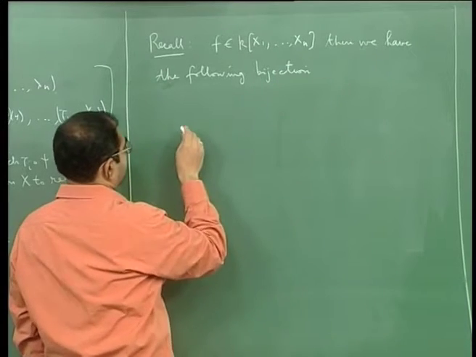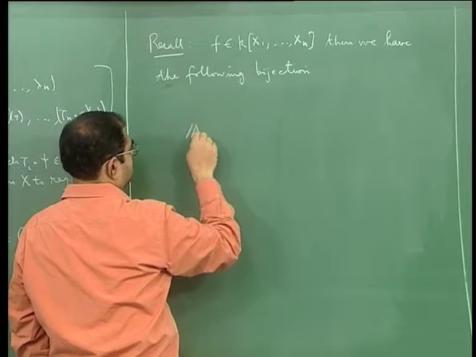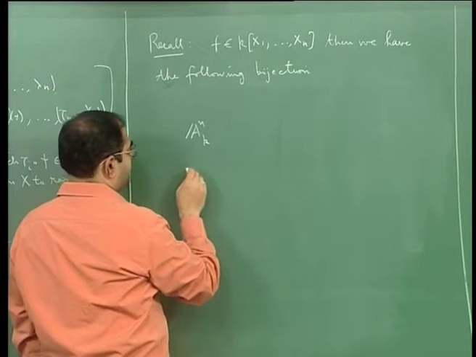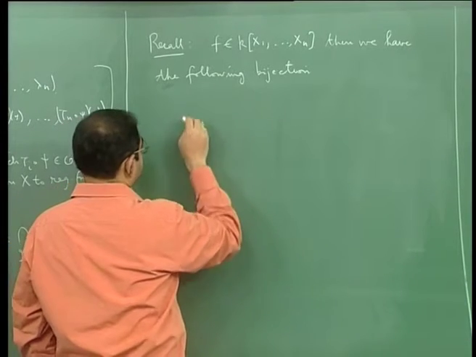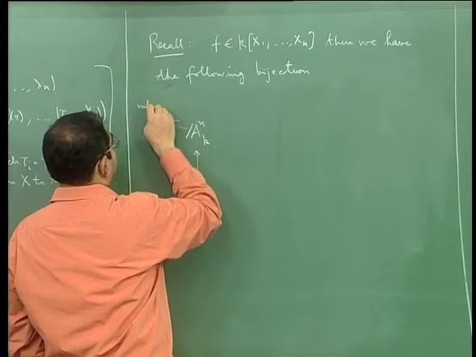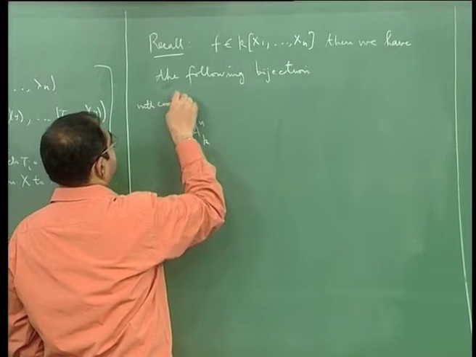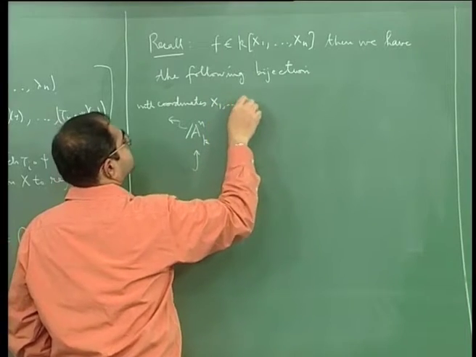So you see you have an affine space, and this here is with coordinates x1 through xn.